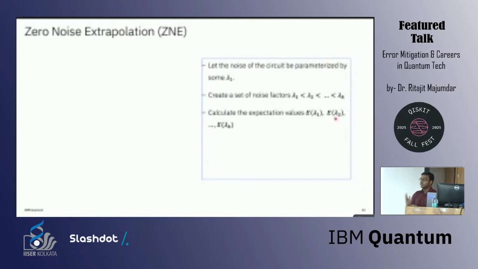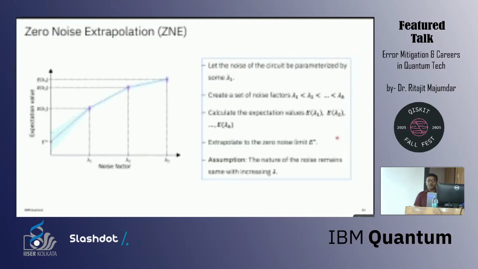Any operator you take, depending on the problem. So let's call this lambda 1, corresponding to that we have an expectation value. Lambda 2, corresponding to that we have another expectation value, and you see it is deviating away from the ideal value more and more because these are more noisy.